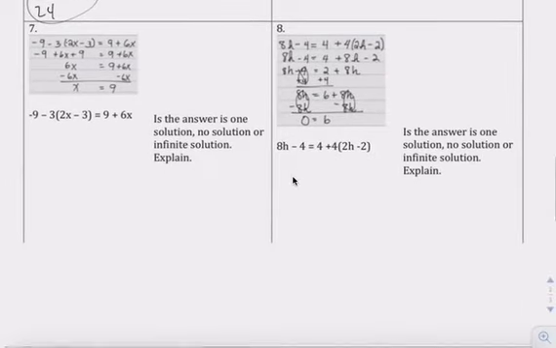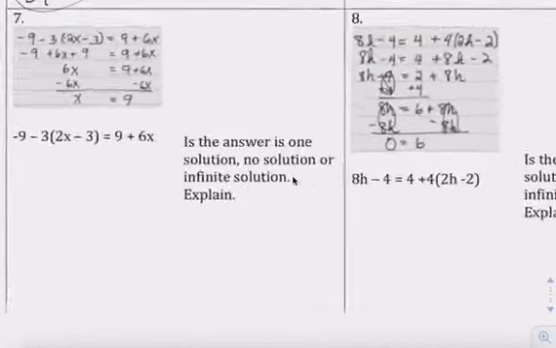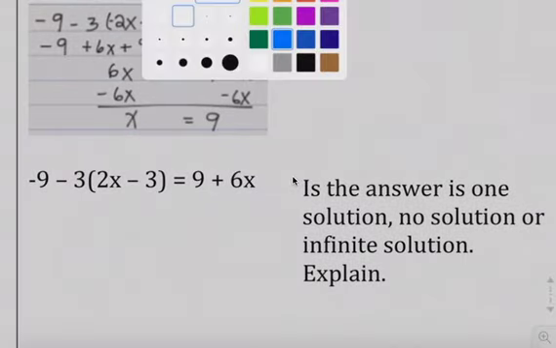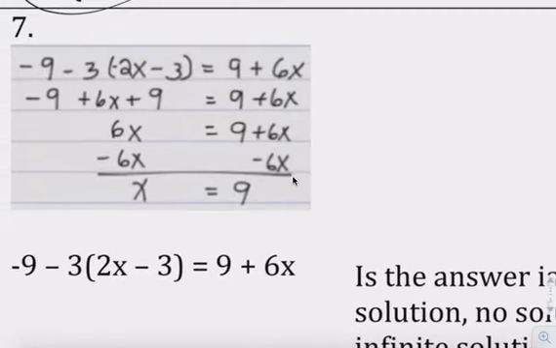Okay? Here we go. Distribute negative and a negative is a positive. Good. Negative and a negative here is a positive. That's good. It's right so far. Okay, that's correct.